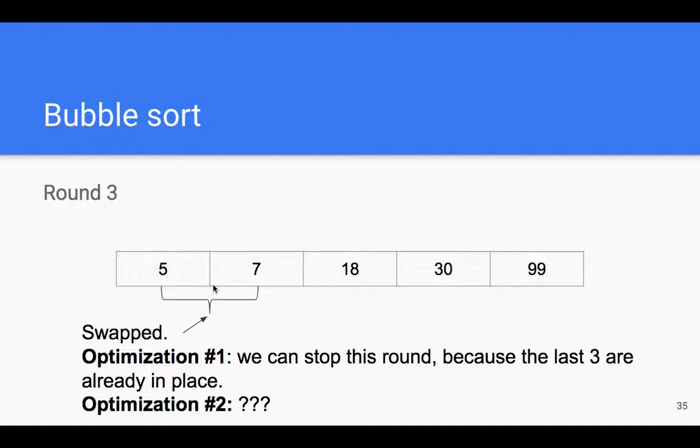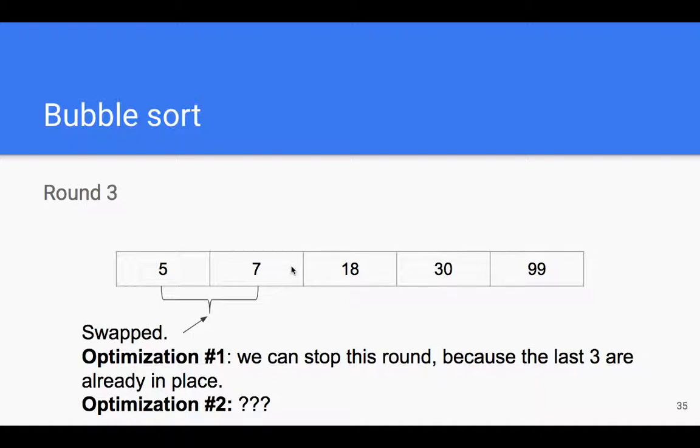And once we swap these, wait a second, let me think. Yeah, once we swap these, do we need to keep going? Well, we don't, because in the previous round, we already put the last 3 in the right place. So we can stop this round already.